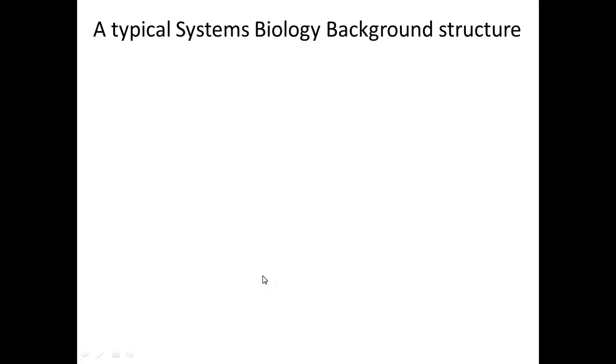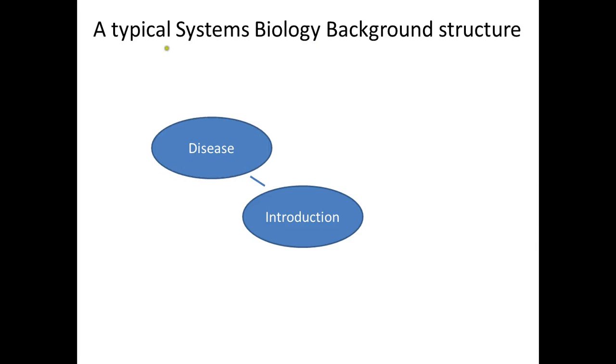Okay, so in systems biology, how is a typical background structured? Well, it's usually as follows. You want to write an introduction, and I consider systems biology as a part of biology or medicine. So I think the best place to start is typically in the medical need for something.